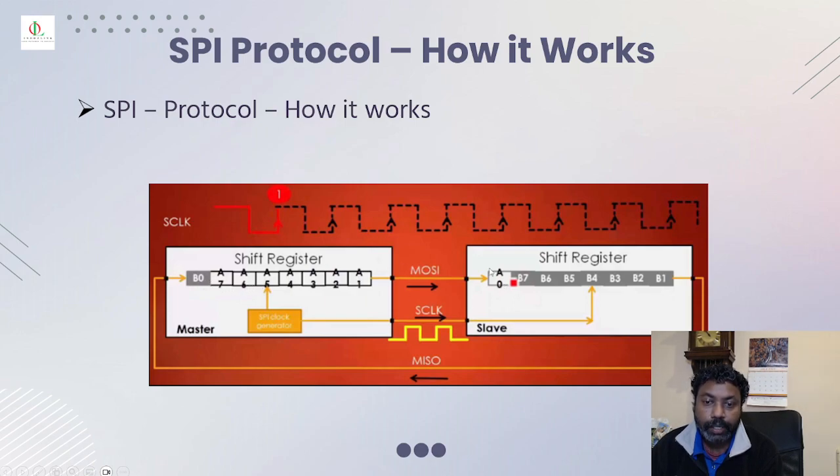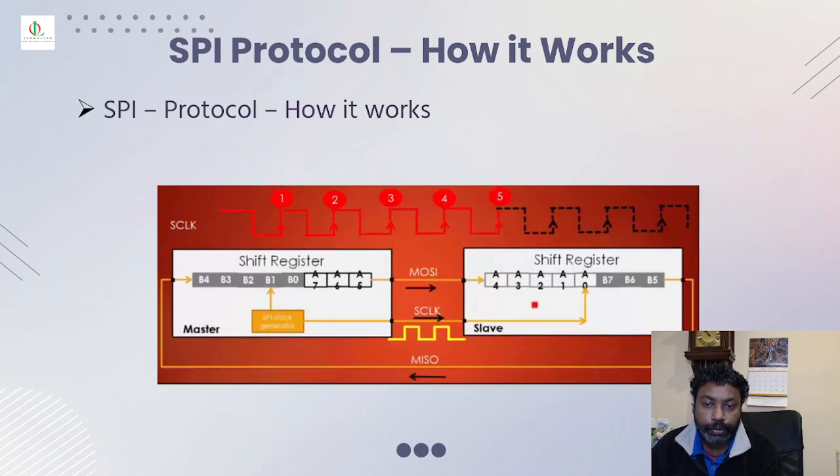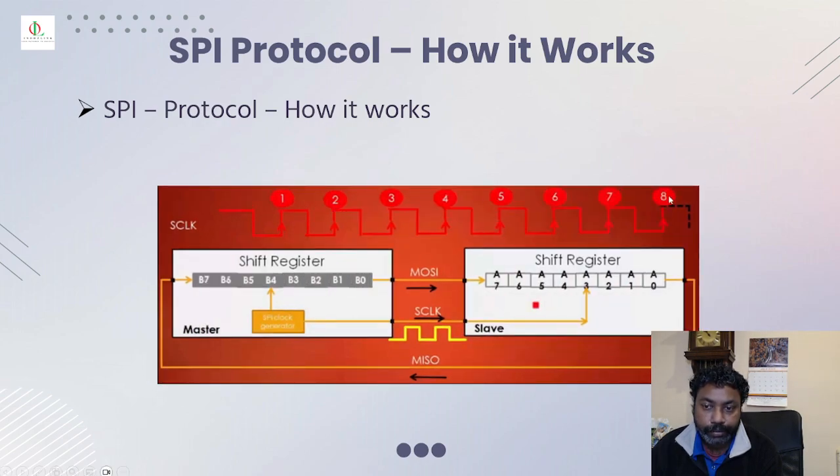Likewise, you need to shift everything, A0, A1, A2, A3, A4, up to A7, in 8 iterations. So now with the MOSI and the MISO, using the shift registers, both the bits are transferred. So it's a full duplex. So this is how it is done.